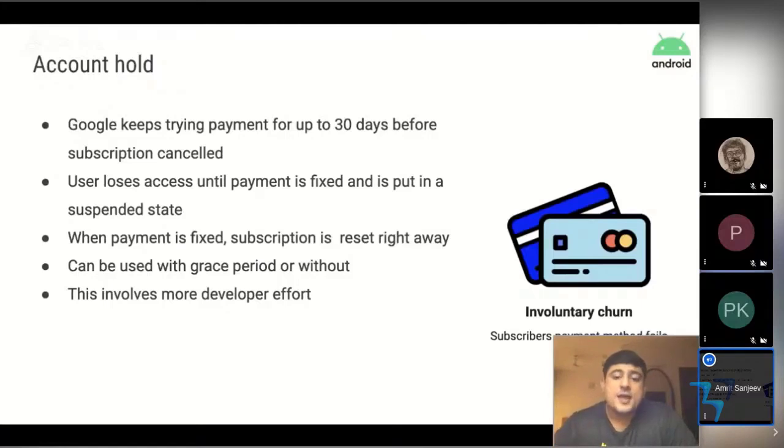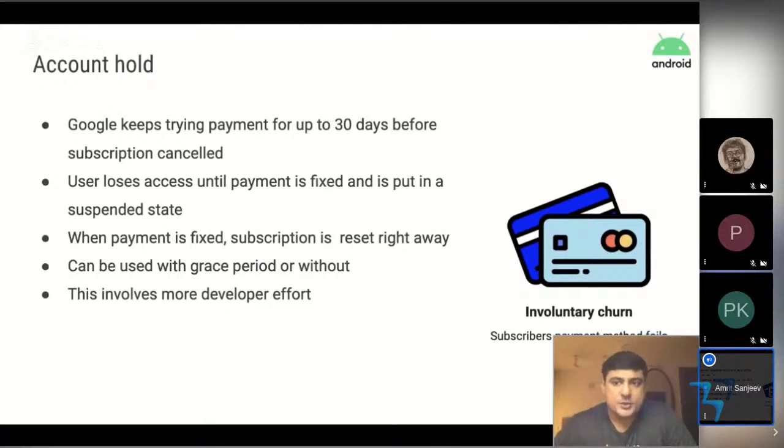But here, the account goes into this hold state where the user loses access until the payment is completed. This is more like a suspended state. So the user will become like a normal, non-premium user, and the subscription goes into the on hold state, but is not considered cancelled.